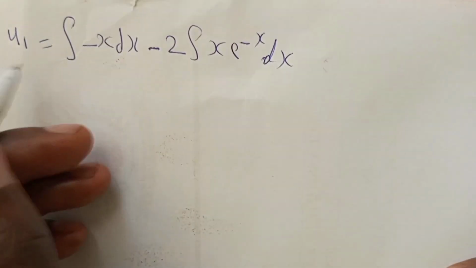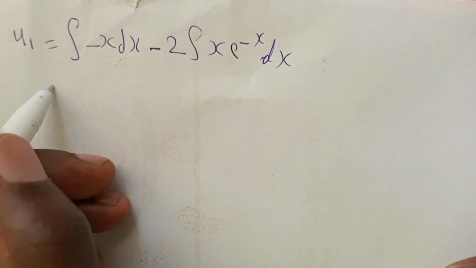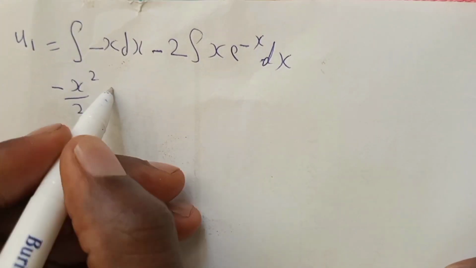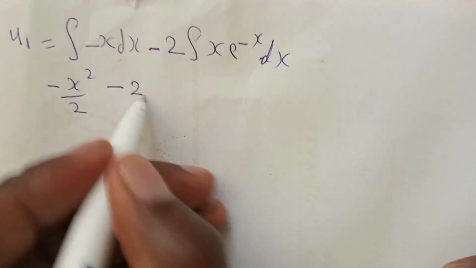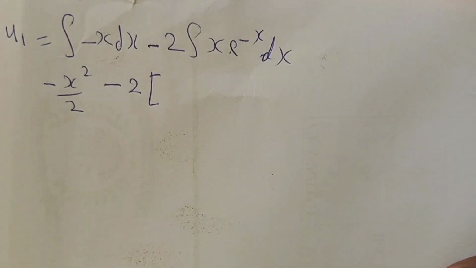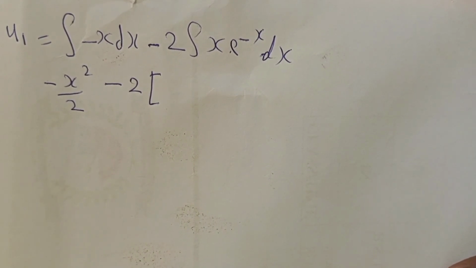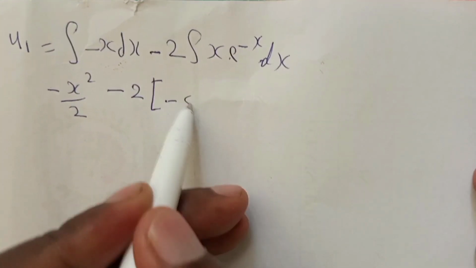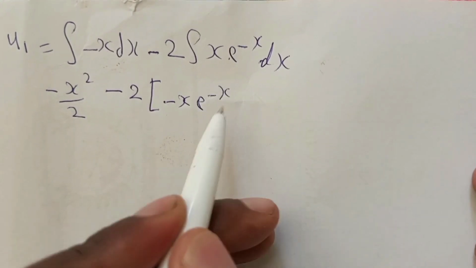So to obtain u1, we integrate this, which will give you negative x squared over 2 minus 2 into bracket. This one we are going to integrate by parts to obtain the following result. So when we integrate this by parts, we shall obtain negative x exponential x.